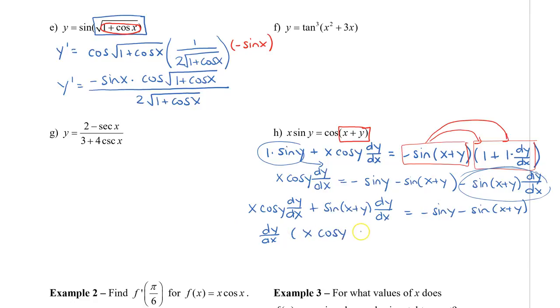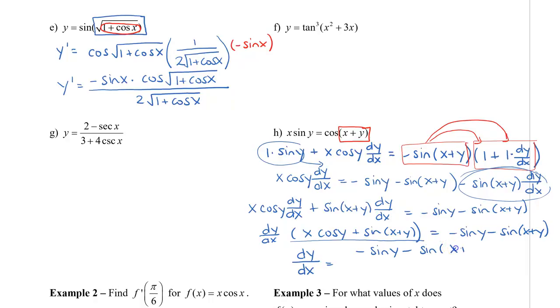So I have x times cos y plus sine x plus y, and then equals our right side still. And then to finish off, we divide by this expression here. So we have that dy dx is equal to negative sine y minus sine bracket x plus y, all divided by x cos y plus sine x plus y. And then there we go. So I've shown you how to find the derivatives of some expressions.